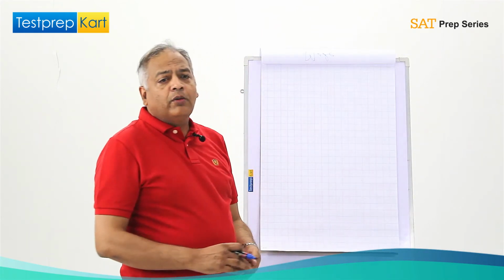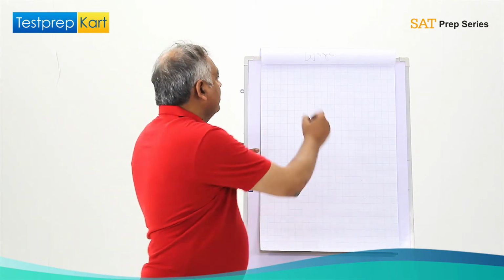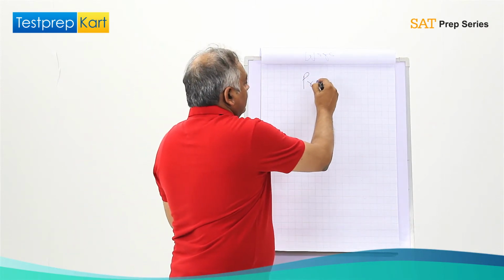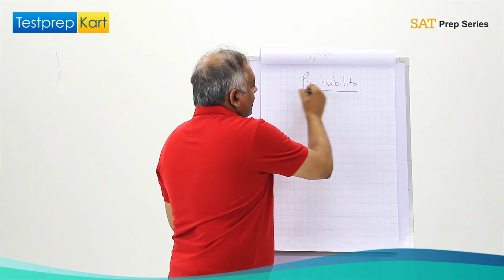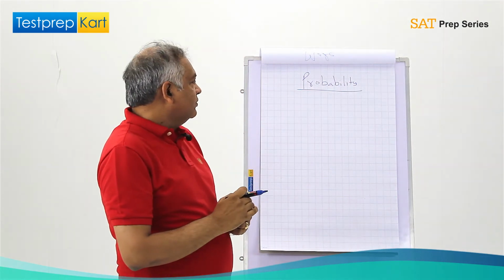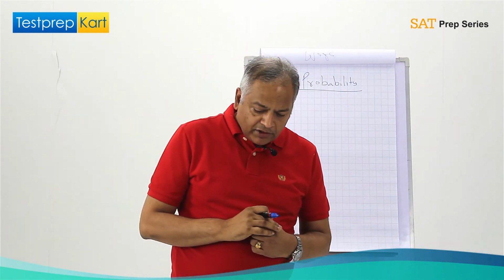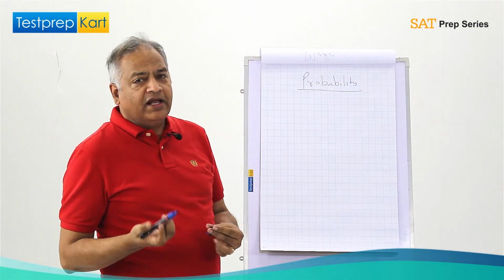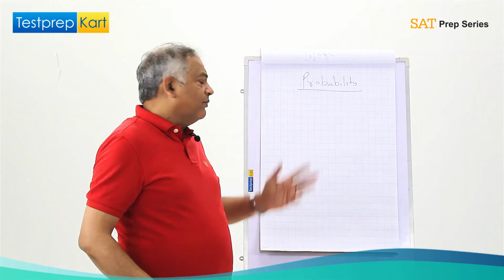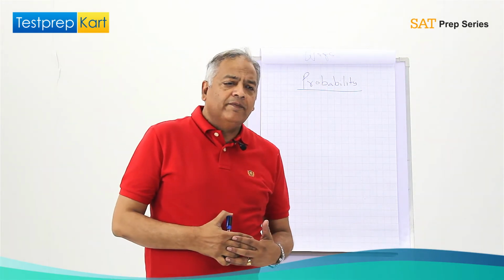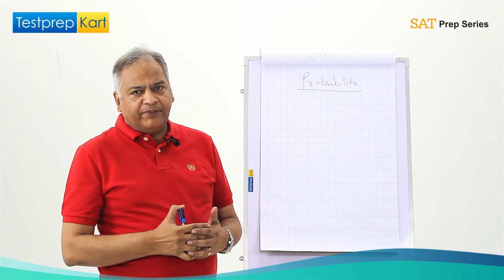Now let's talk about another concept, that is probability. Probability is again a concept where normally you get a question all the time in the SAT Level 2, Mathematics Level 2. Now, there are some basic concepts.